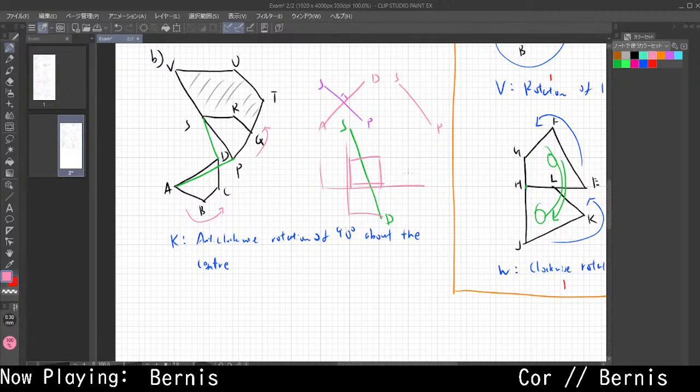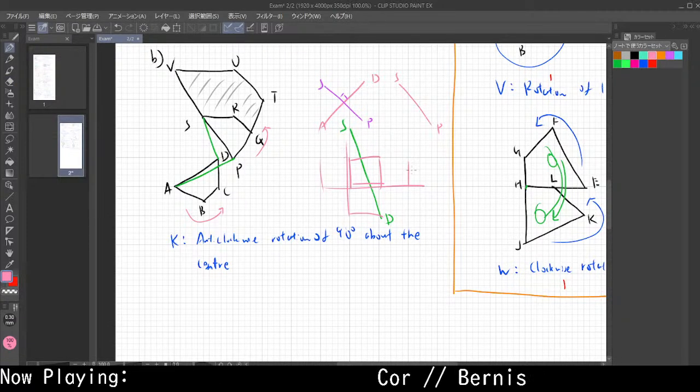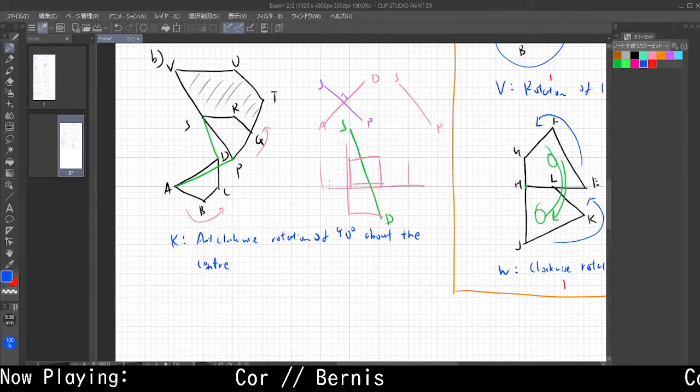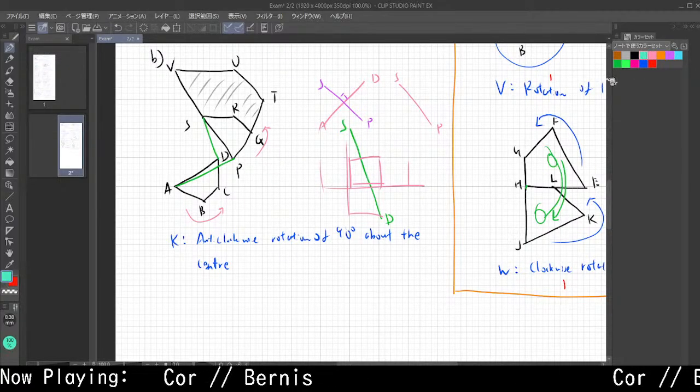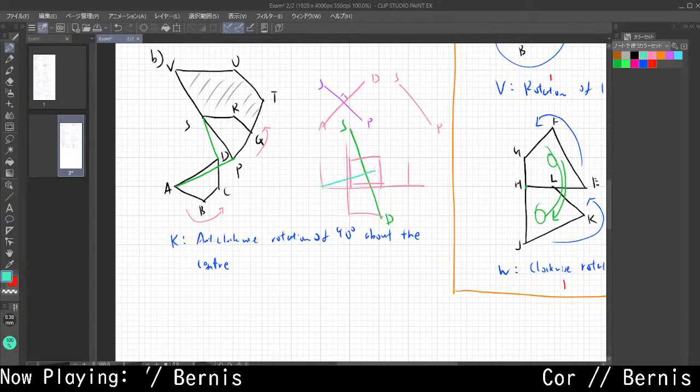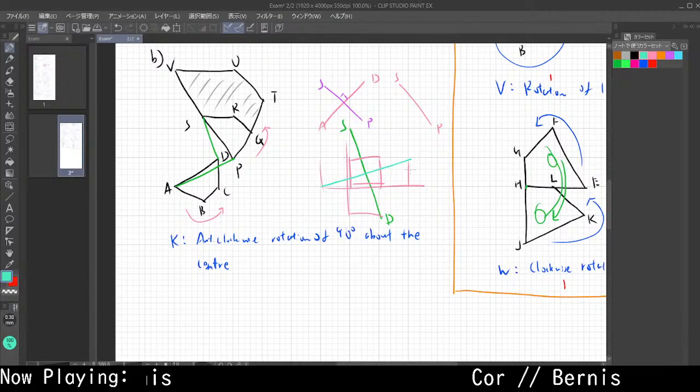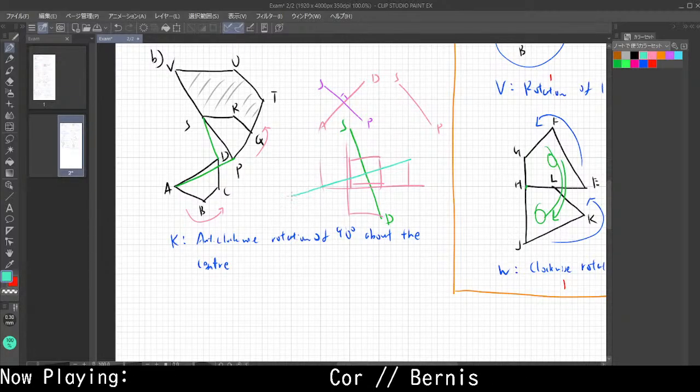So your new line will actually be landing over here. So it will be looking like this from here to here. Okay, so you get this one, then you just extend this line.